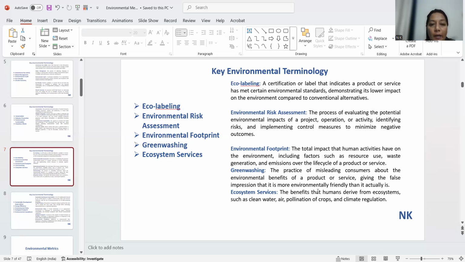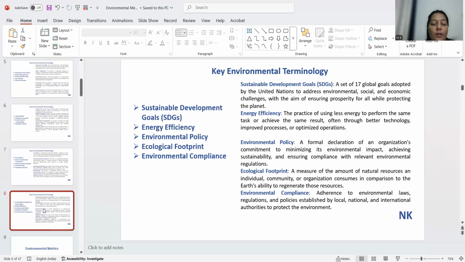Ecosystem services are the benefits that humans derive from ecosystems, such as clean water, clean air, pollination of crops, and climate regulation. These are the points which come under ecosystem services.